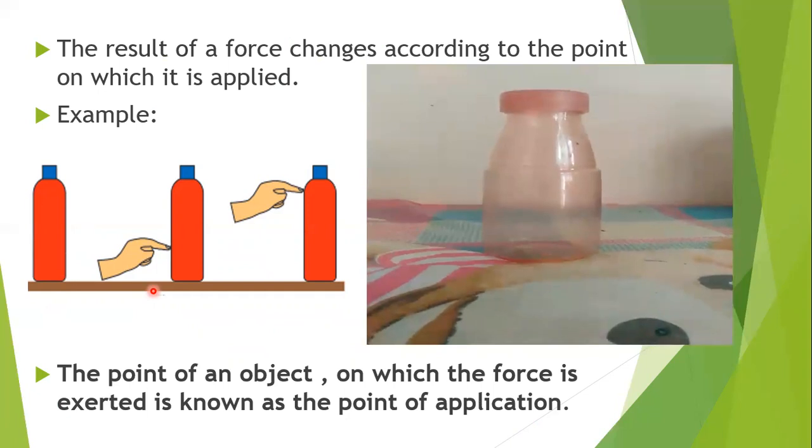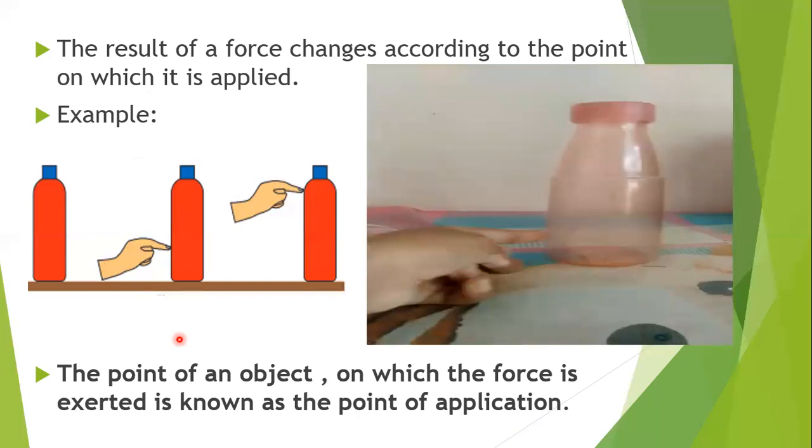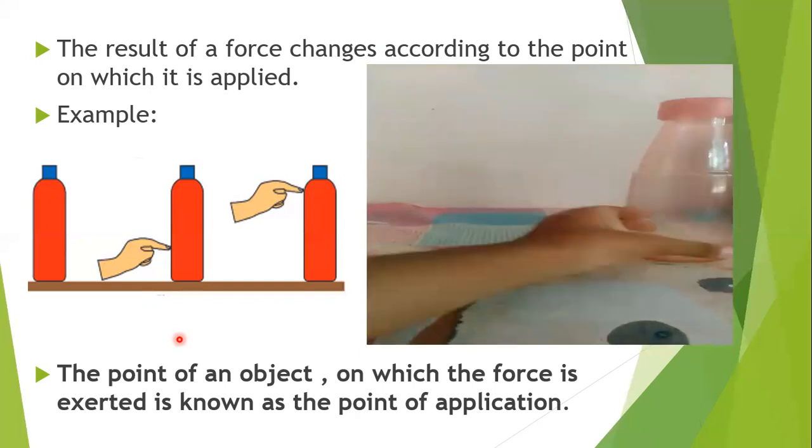But if it is pushed at the top, it will drop. As you can see in the first picture, if it is pushed with the finger kept close to the bottom, now I am pushing the bottle from the bottom. This is my point of application. Now I am pushing the bottle. You can see the bottle is moving away.